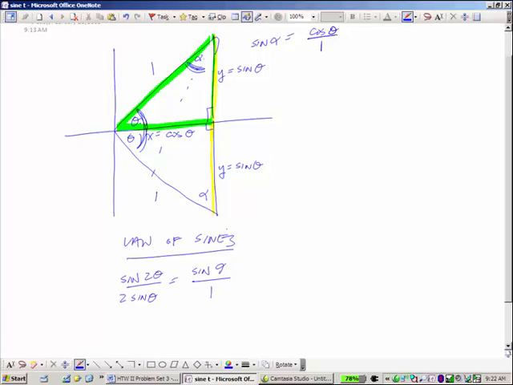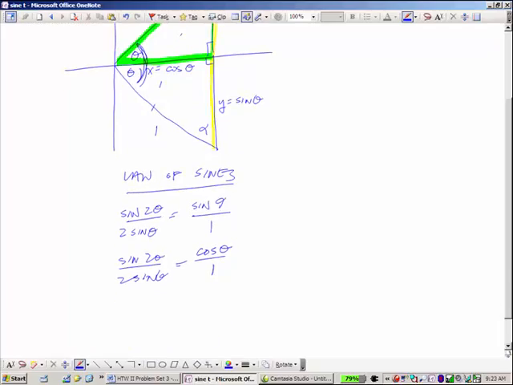Okay. So instead of writing sine alpha, because I told you I really wasn't that interested in using alpha, I'm going to write cosine theta. And if I cross multiply, I get the sine of 2 theta is equal to 2 sine theta cosine theta. And that is the important result.